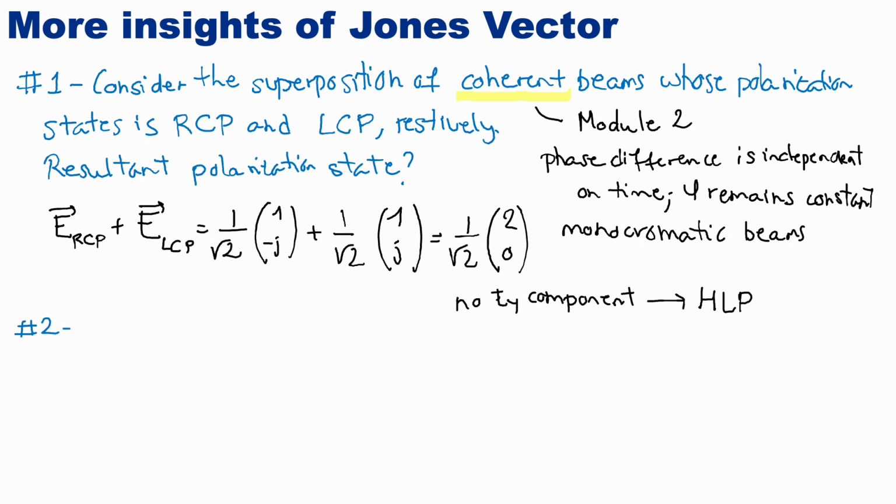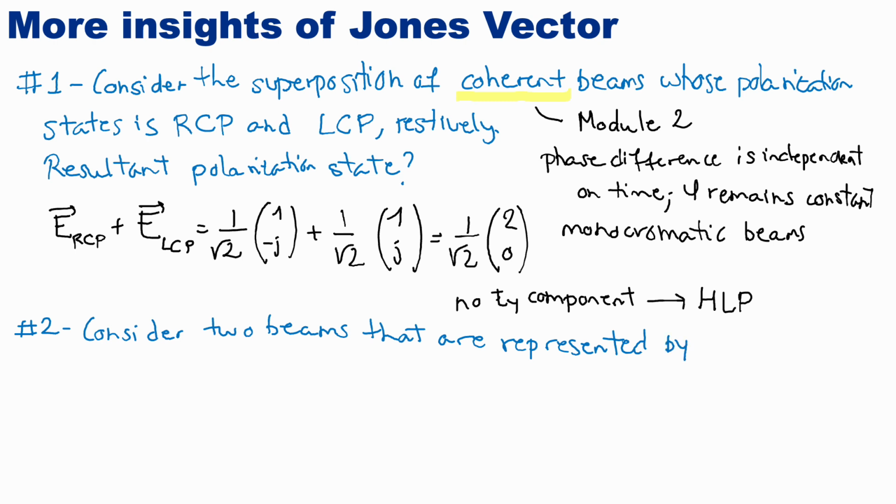So the light is going to be horizontally polarized. The second insight is, let's consider that we have two beams that are each represented by a Jones vector, right?